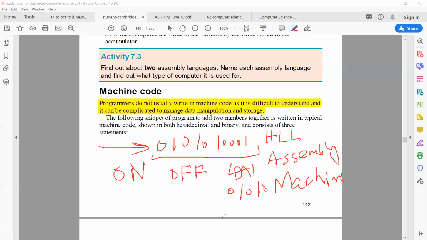This is one of the instructions, LDA. And here at the top, it's a high level language. All the instructions written in a high level language must be converted into the machine language. It will take more conversion to convert it into machine language as compared to converting the assembly language into machine language, because assembly language is, you can say, one step higher than the machine language.